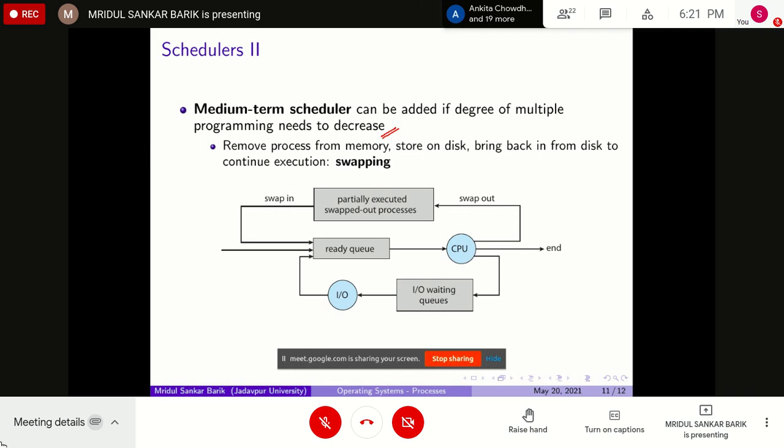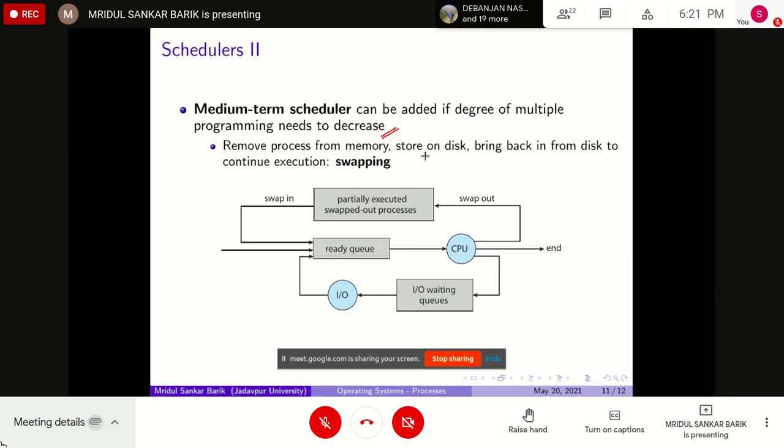But it may so happen that at a certain point of time, the degree of multiprogramming may have to be reduced. There may be certain reasons for that. So in that case, we have to remove a process from memory and store it on disk.